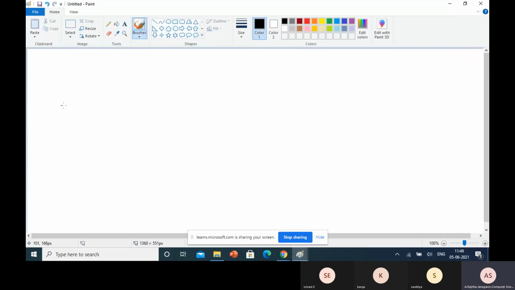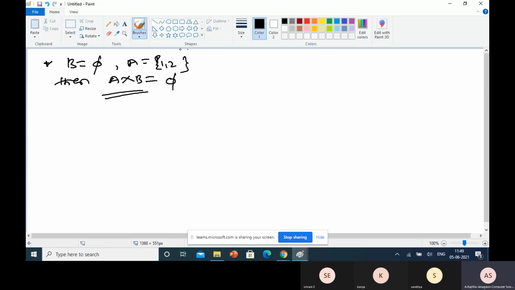Now observe, suppose B equals the empty set. Then what is the Cartesian product of A and B? A contains some set of elements, but A cross B is nothing but the empty set, phi.